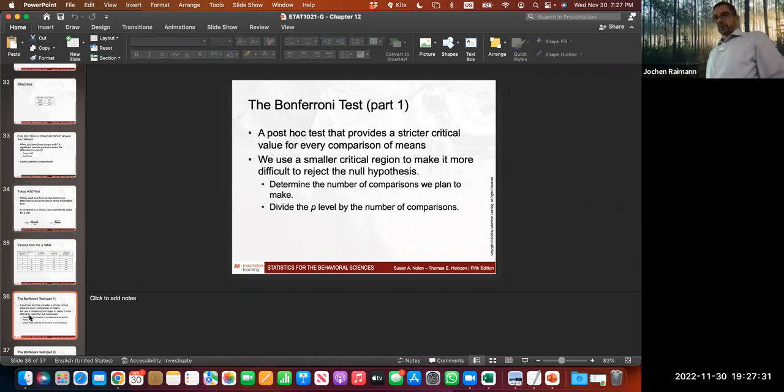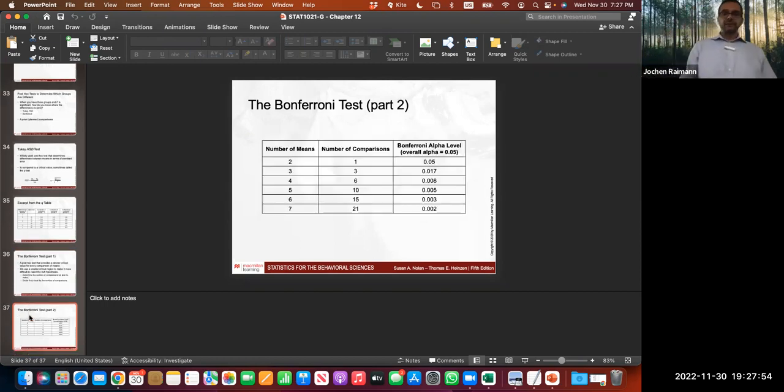The other post hoc test that we will be briefly talking about is the Bonferroni test. It is a post hoc test that still utilizes a p-value in a pairwise t-test. So you do an independent sample t-test, you get a resulting p-level, but the acceptable alpha will be adjusted for the number of comparisons.